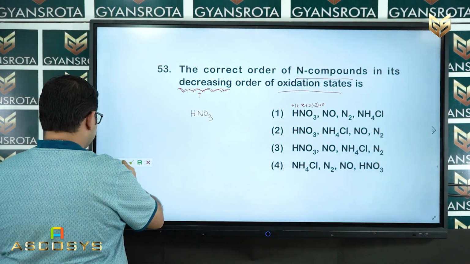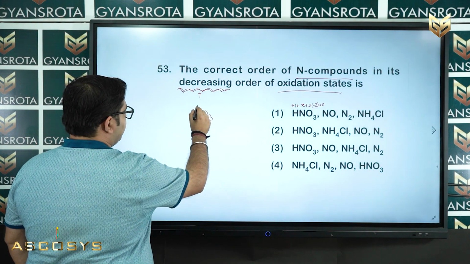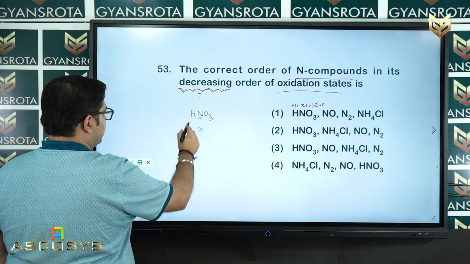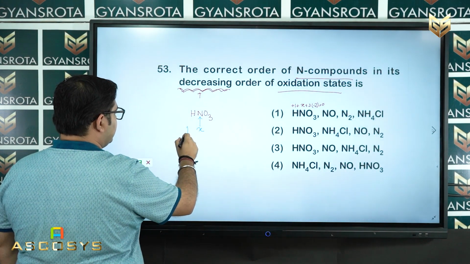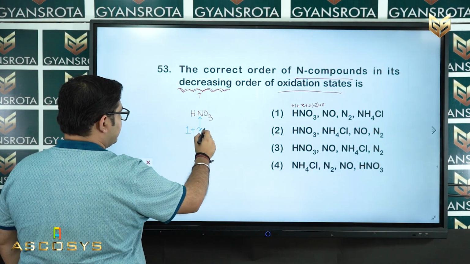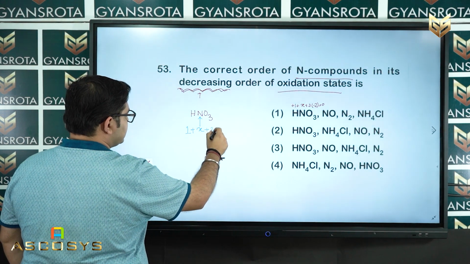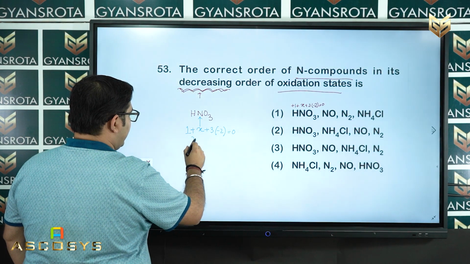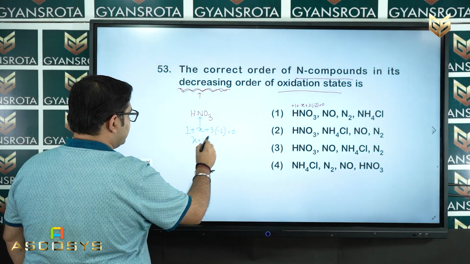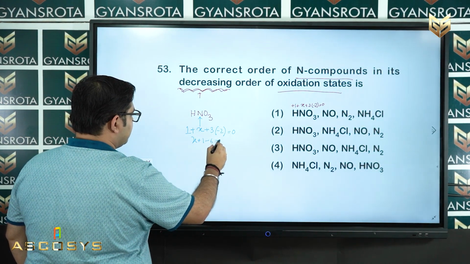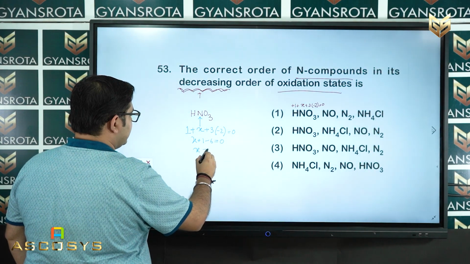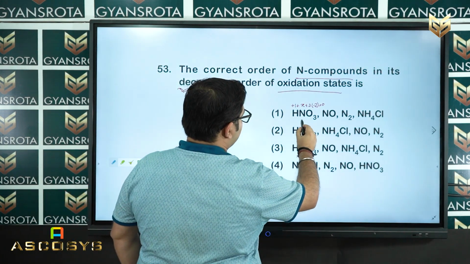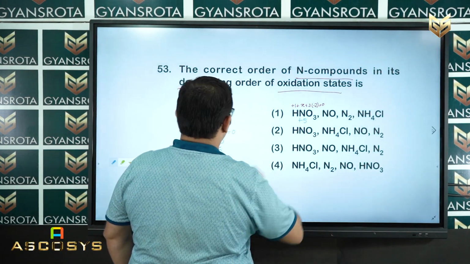So, for nitrogen I am just mentioned as X, and for this hydrogen is coming as 1 plus, and for this 3, and for oxygen it is coming as -2, it is 0. So, X plus 1 minus 6 is equal to 0. So, X is equal to +5. So, +5 is the oxidation state for this nitrogen.